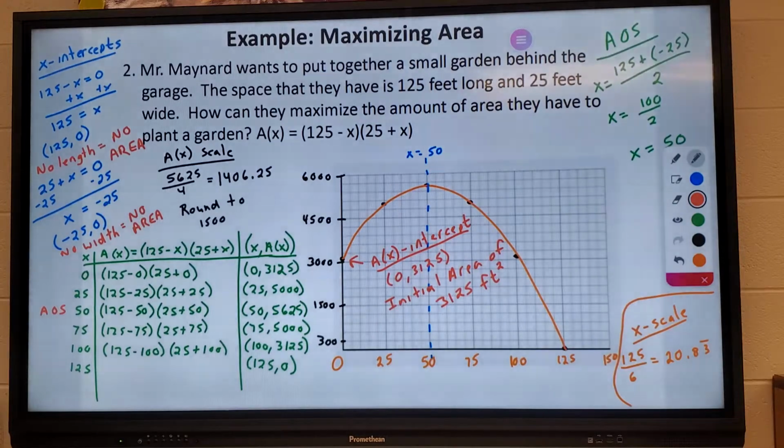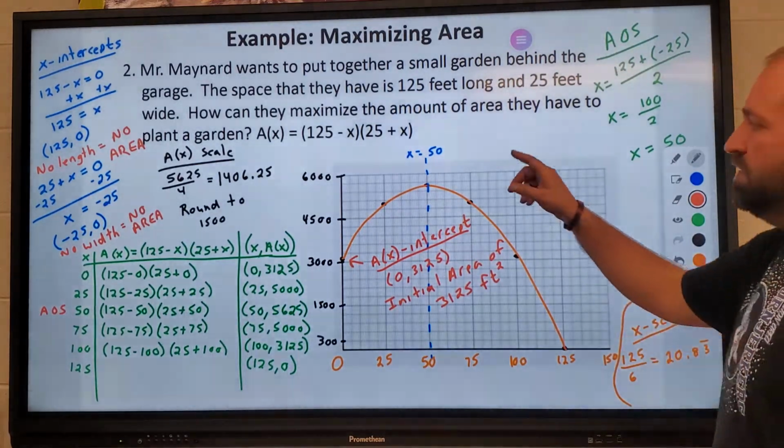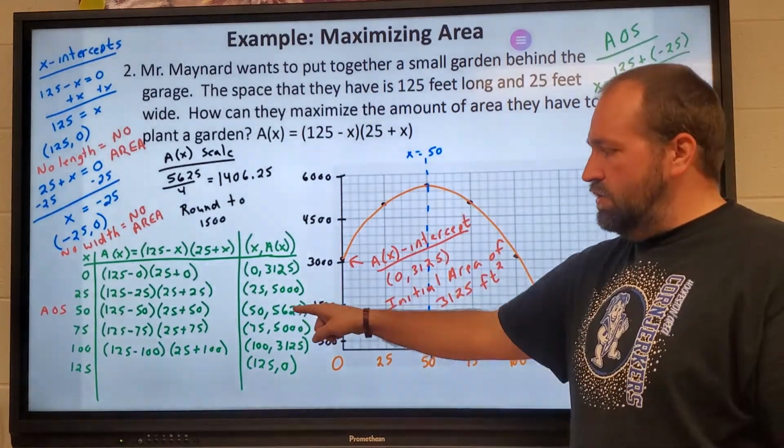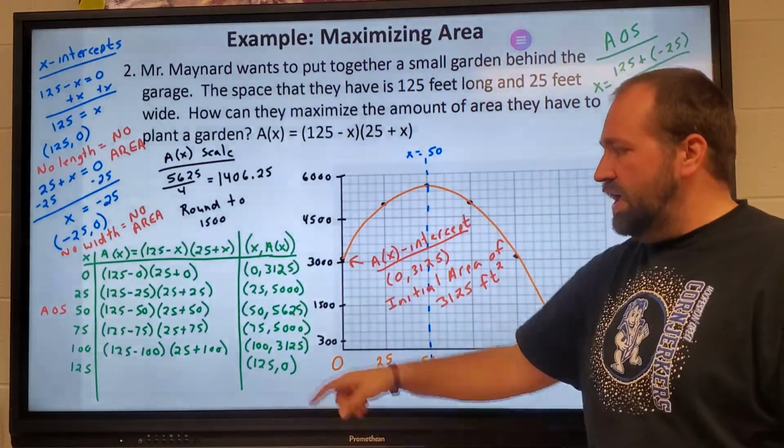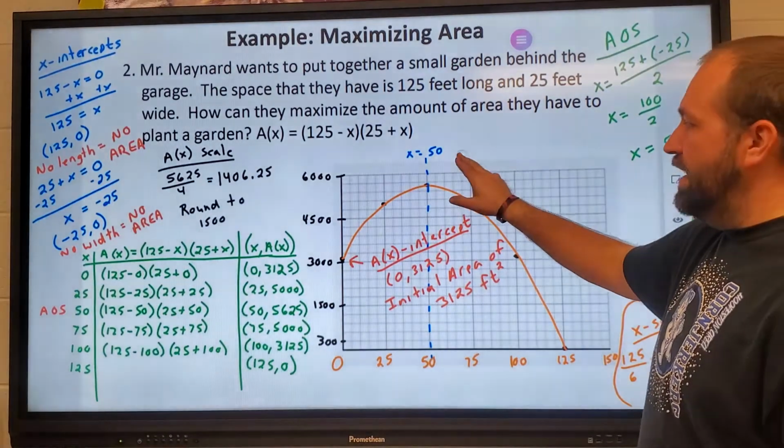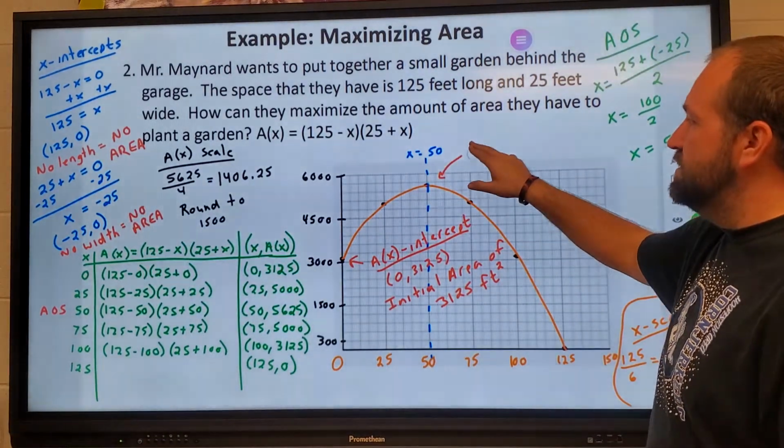The third and final thing that you have to find here is the maxima. And the maxima again comes from the axis of symmetry point or the vertex. And again, it's just the y value of that ordered pair. So this is the maxima.